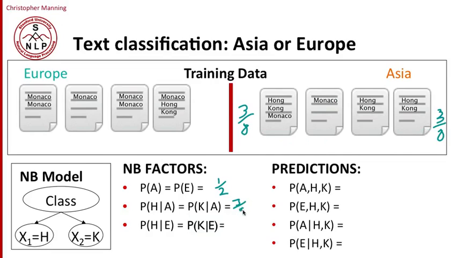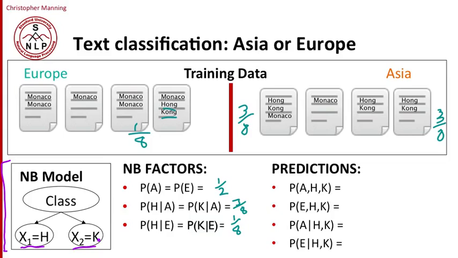Over here for Europe, there's 1 instance each of Hong and Kong, and there are 8 words in total, so we've got probabilities of 1/8. Now let's again move to test time. Here's our naive Bayes model, and the document we're testing on has the words Hong and Kong appearing once each and nothing else from our vocabulary.